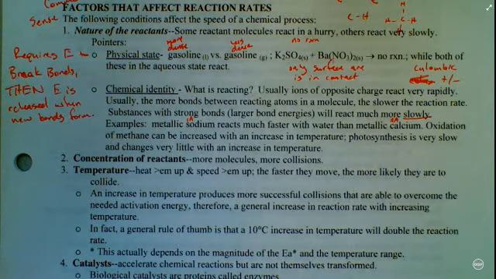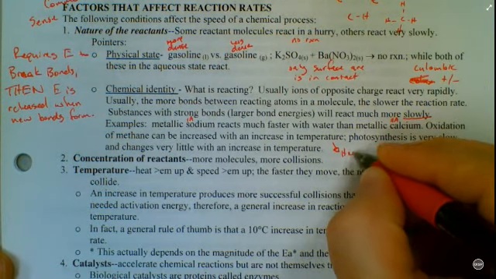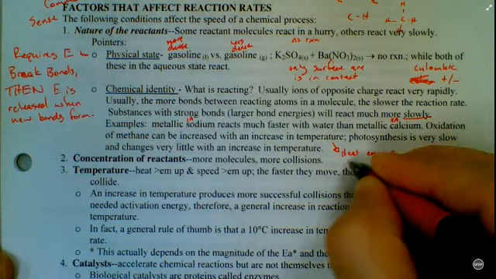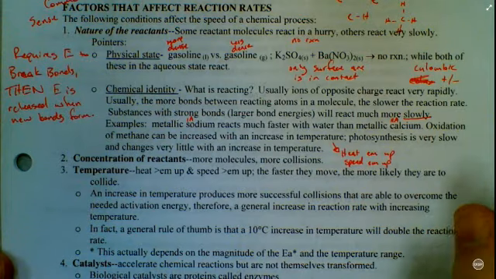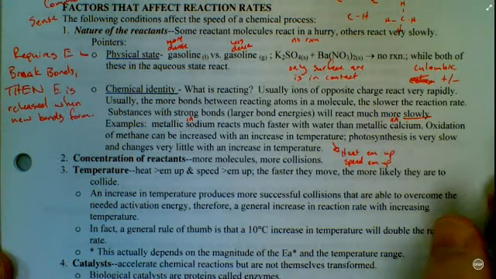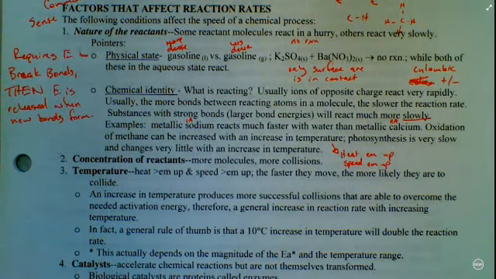Also, the oxidation of methane can be increased with an increase in temperature. Right? So if that's the idea, heat them up, speed them up. Right? If you are trying to break all these bonds in this methane up here, if you simply increase the temperature, because of the kinetic molecular theory, I hope you remember, temperature is proportional to the kinetic energy present in that substance.